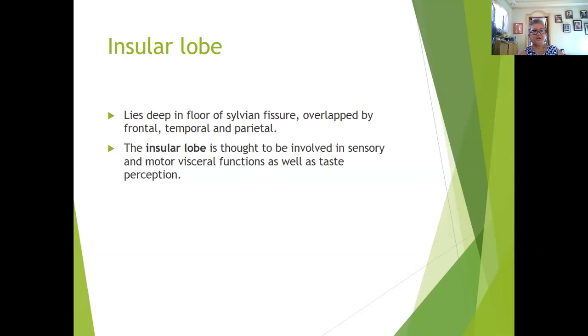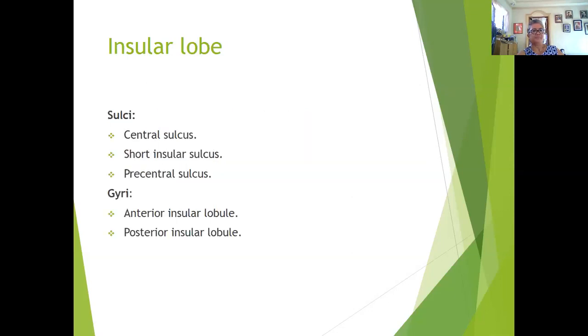Now, the insular lobe is thought to be involved in sensory and motor visceral function, as well as taste perception. The insular lobe, although it is small, has well delineated sulci and gyri.